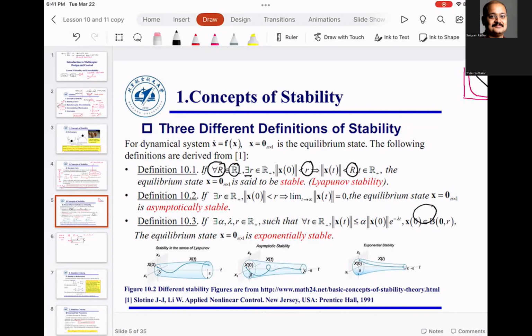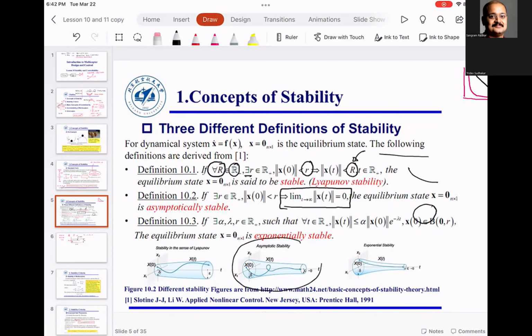Now, what happens in the case of asymptotic stability? In asymptotic stability, what this means is that as time goes on, x of t goes to 0. Have you seen, in the first case, x of t is less than some bound. In the second case, x of t is going to 0. That is what is the asymptotic stability.